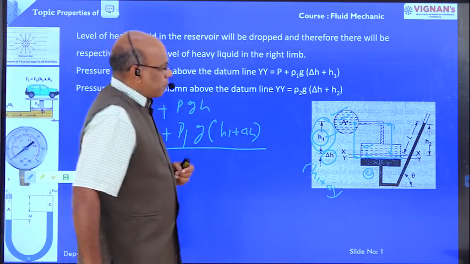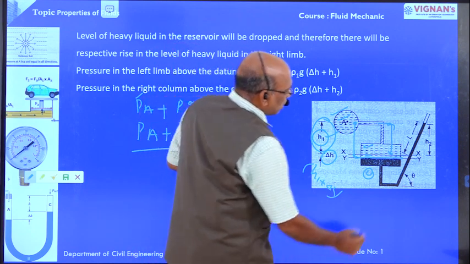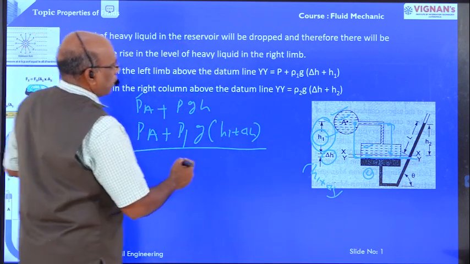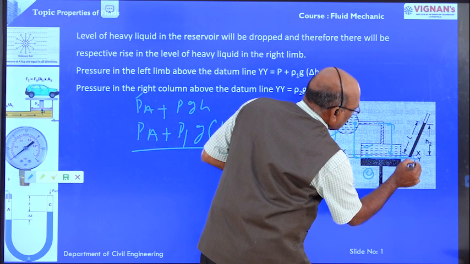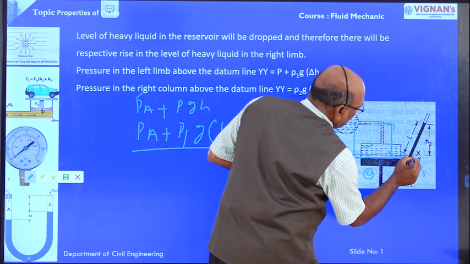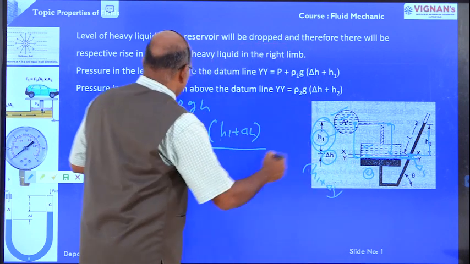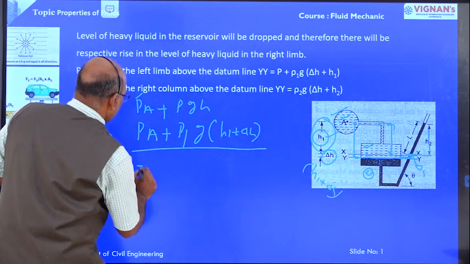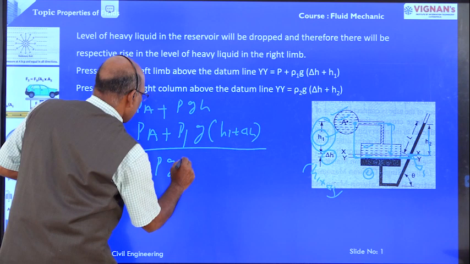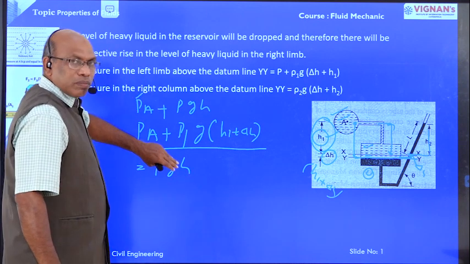Then what are the right side pressures? This is delta H, the mercury level delta H. This is H2, another level. Therefore, right side pressure is equal to rho G H, the pressure formula.